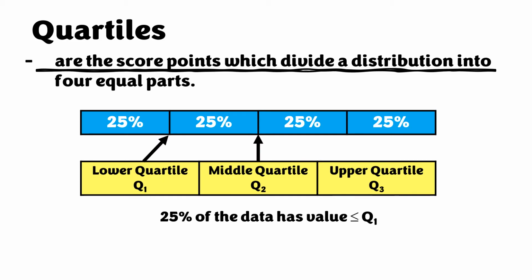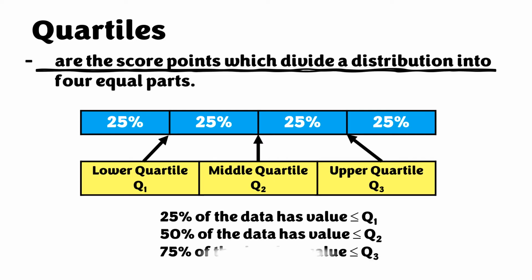And for the middle quartile, 50% of the data has value less than or equal to the middle quartile or Q sub 2. And for the upper quartile, 75% of the data has value less than or equal to Q sub 3.